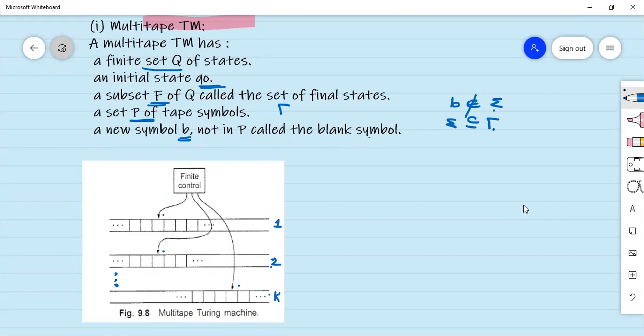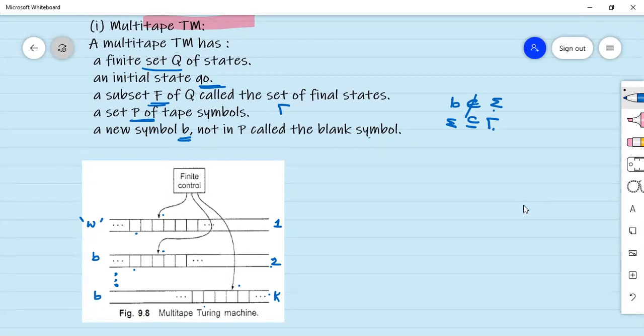As you can see, each tape is divided into cells, right? First tape always holds the input string, that is W, when we begin. Second and any other tapes will initially contain the blank symbols. They'll all hold the blank symbols.